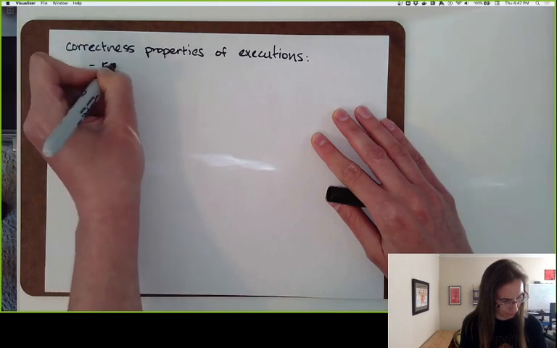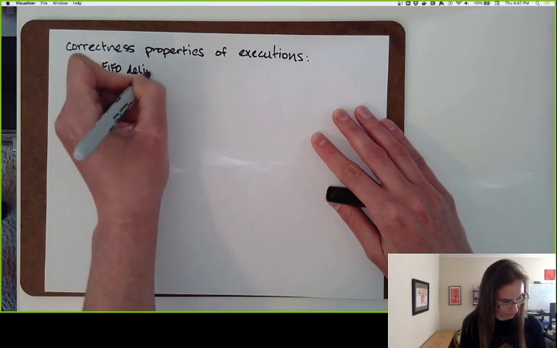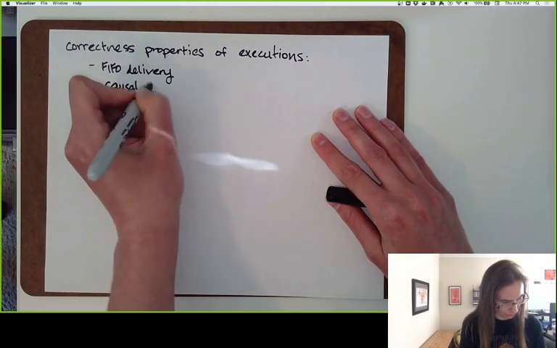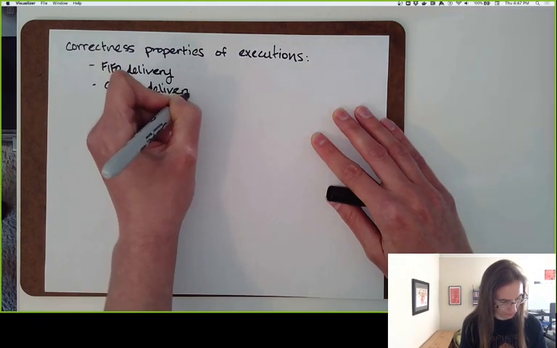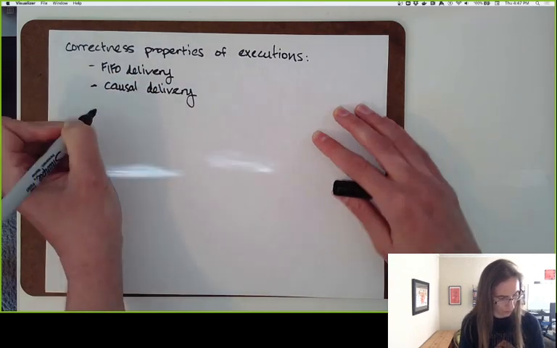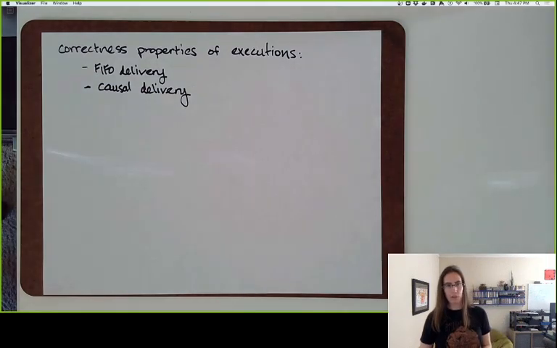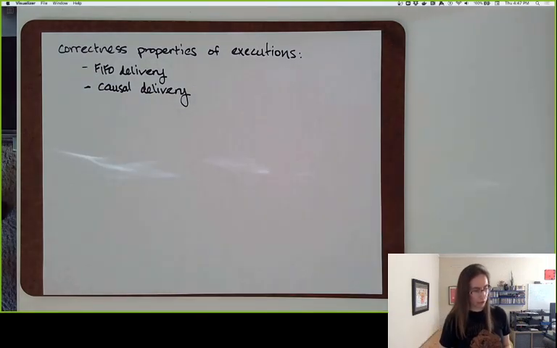We talked about FIFO delivery and causal delivery. We also talked about a way to enforce FIFO delivery. We talked about sequence numbers and we talked about acknowledgements. So those are ways to enforce FIFO delivery.